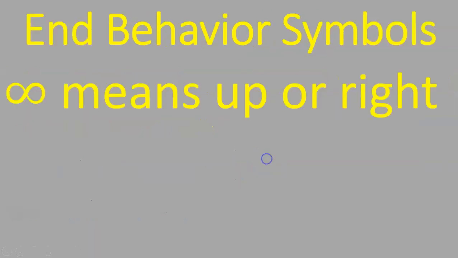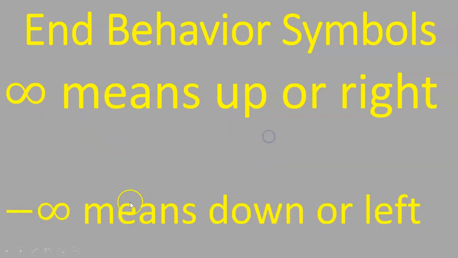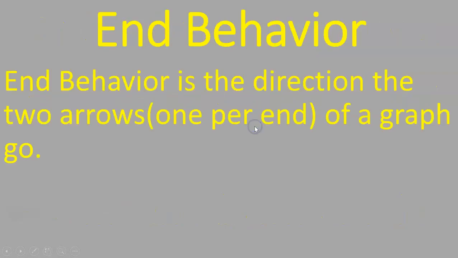End behavior, we're going to first look at the symbols. This infinity can mean up or right, and this negative infinity can mean down or left. Now, end behavior may be one of those things that's not put as a huge priority, but it would help to have some concept of what it is. End behavior is just simply what happens as the arrows leave the screen, so to speak.